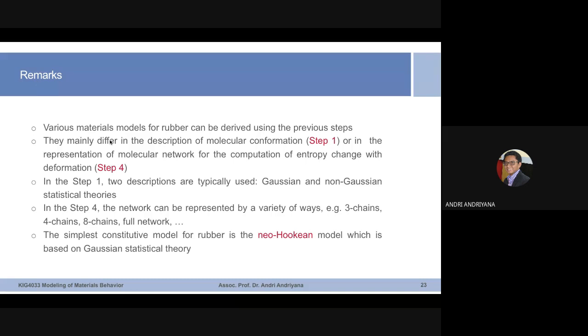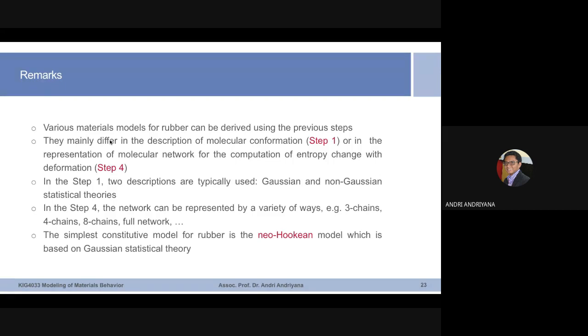So various material models for rubber can be derived using the previous steps. These 6 steps are the guide for us, to reach our destination: to describe the stress as a function of strain. Various models and various equations have been developed.